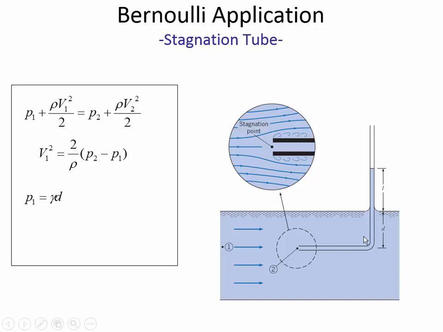And now, if we look at the situation inside the stagnation tube, we can do the hydrostatic equation, and we can say the pressure at 1 is related to the depth into the water. Now, this is a little bit iffy, because this is saying let's apply the hydrostatic equation in the river, and remember, strictly speaking, the hydrostatic equation is for static conditions.